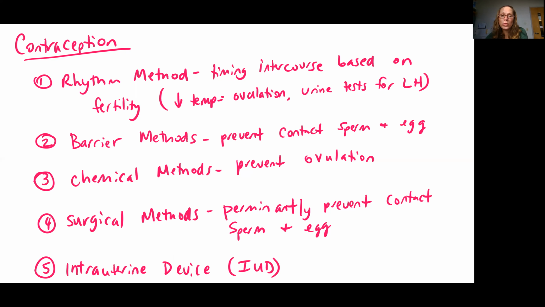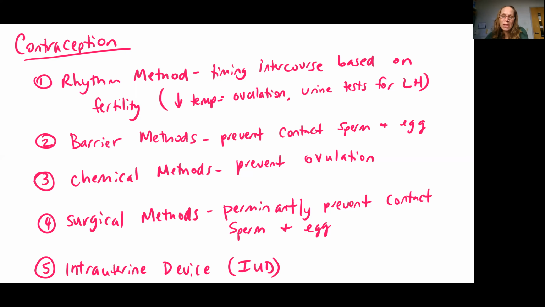So if you're trying to prevent pregnancy, then you limit intercourse to timeframes when the female is not fertile. And if you are trying to achieve pregnancy, then you're going to increase your intercourse around her fertile window.